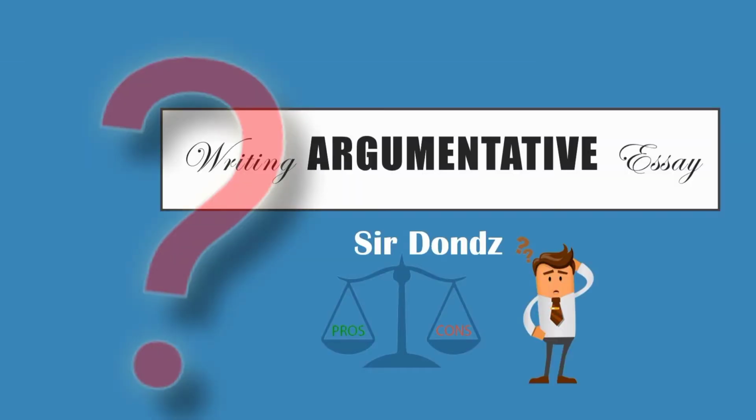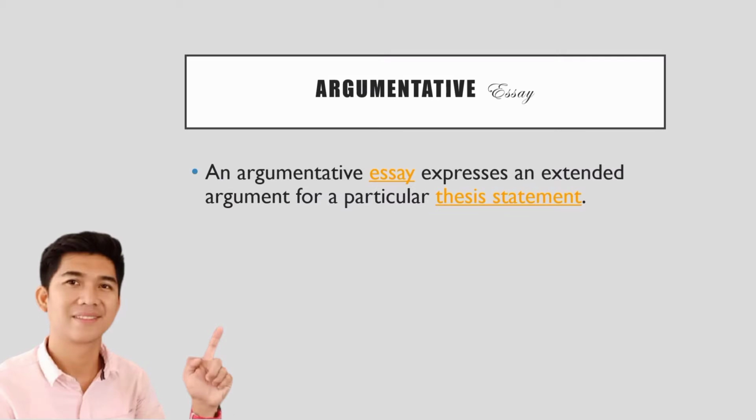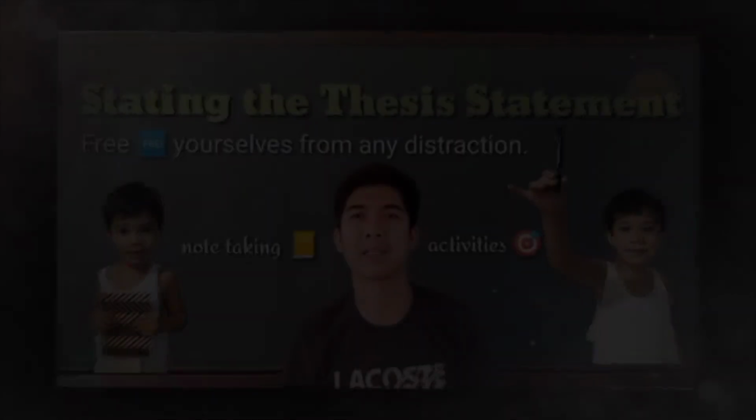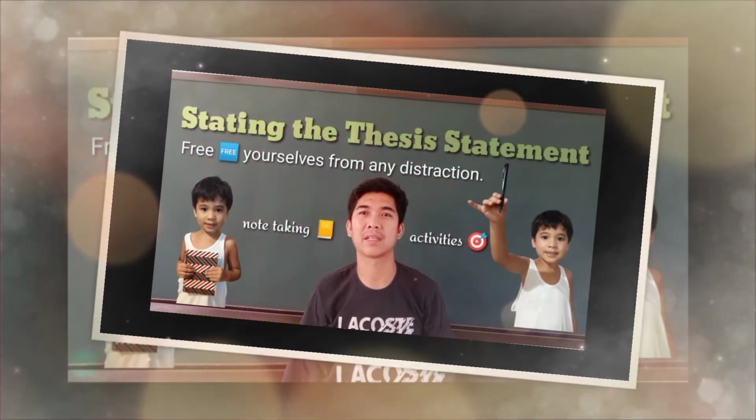How to write an argumentative essay. An argumentative essay expresses an extended argument for a particular thesis statement. Please be reminded that we have a video lesson on thesis statement.